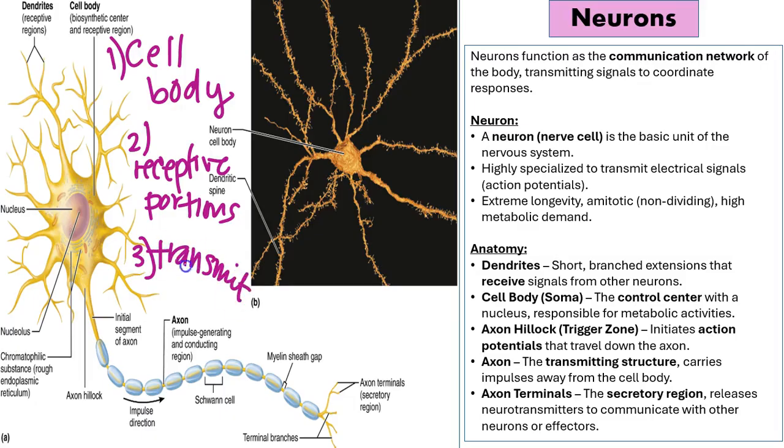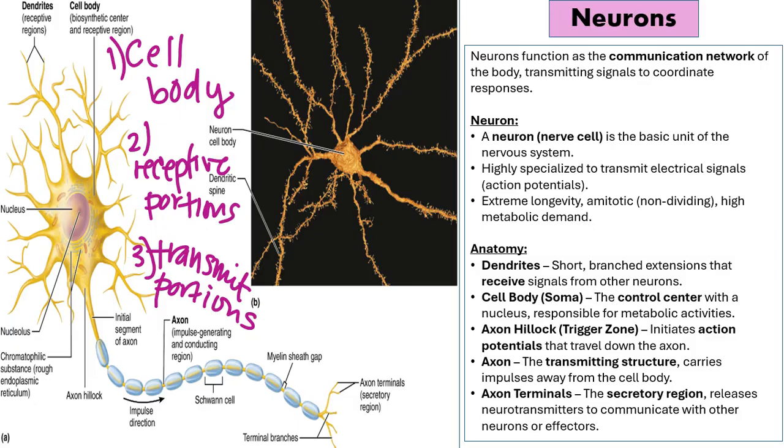And of course, that means they can transmit messages or signals. Now, when we're thinking of receptive and transmitting, we are usually talking about electrical signals, because we are talking about the neurons themselves. And sometimes you can also say messages as well, because there are hormones involved too.